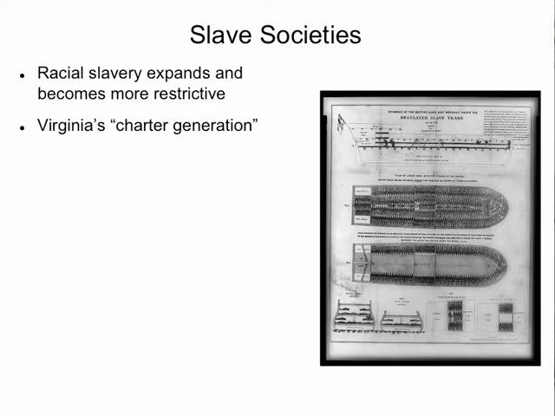Historians call this early generation of Africans in Virginia the Charter generation. And in Virginia then, when new slaves were brought in from Africa, they had these experienced African Americans who had gone before them, who were able to help them adjust and to assimilate and to learn the ways of these crazy Europeans, and learn how to cope with them.